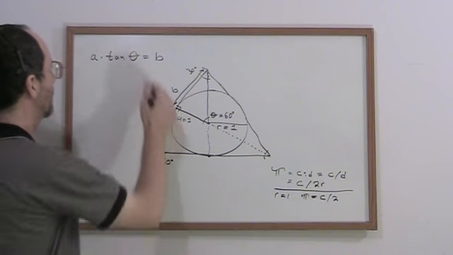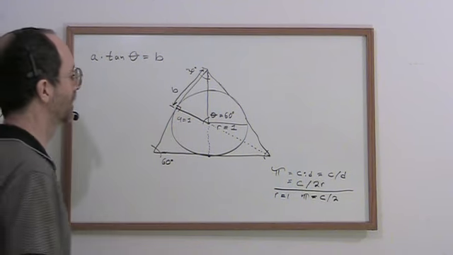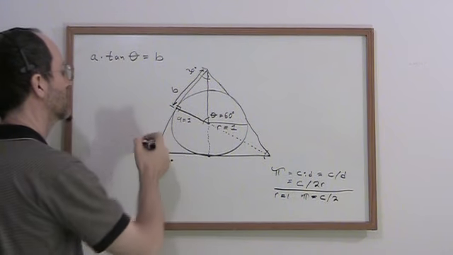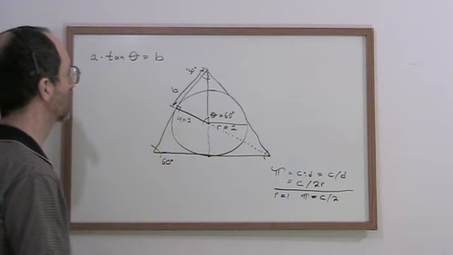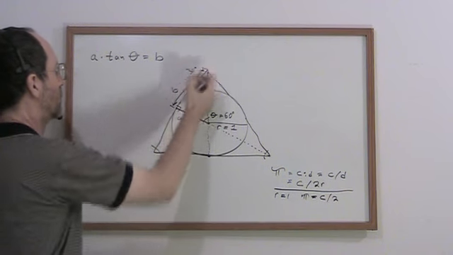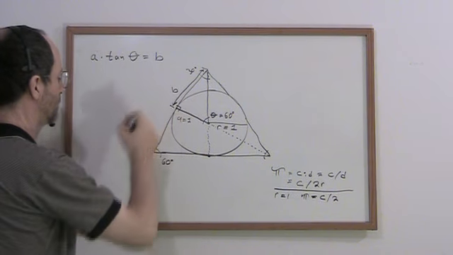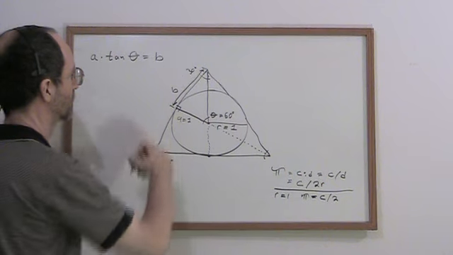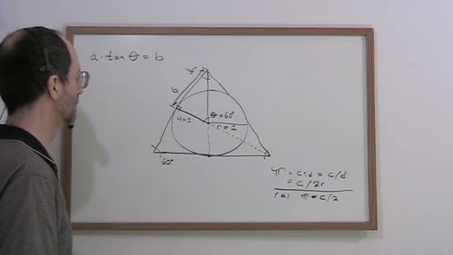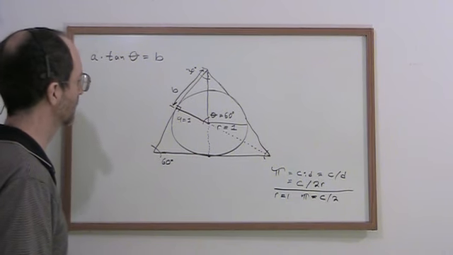Okay, so once we have B, how do we determine the perimeter of the triangle? Well, B times 2 will be one side, and then 2B times the number of sides will equal the complete perimeter of the triangle, so that'll be 6B.